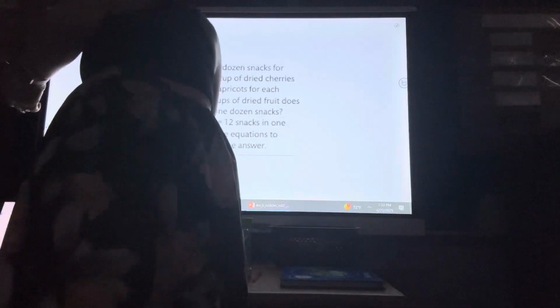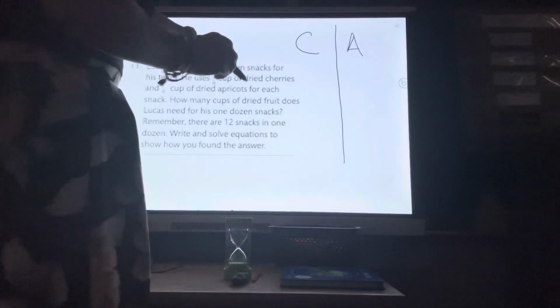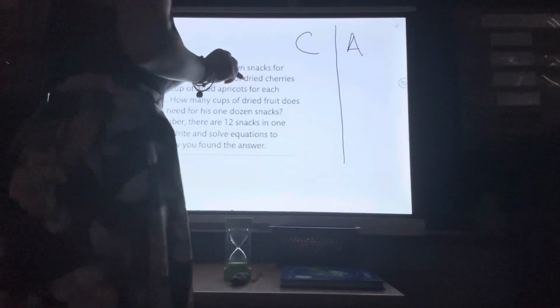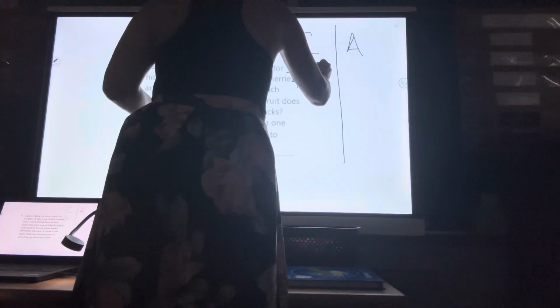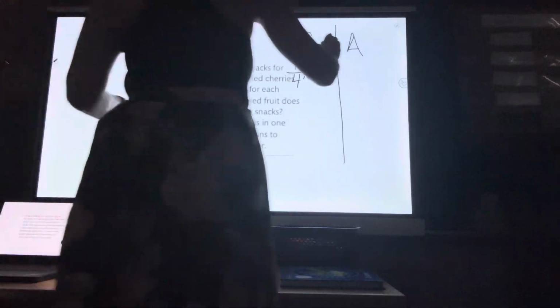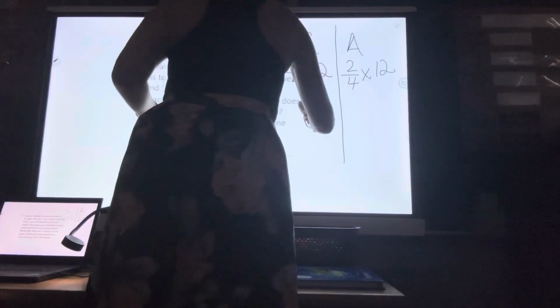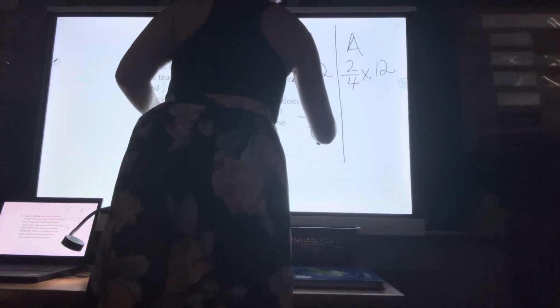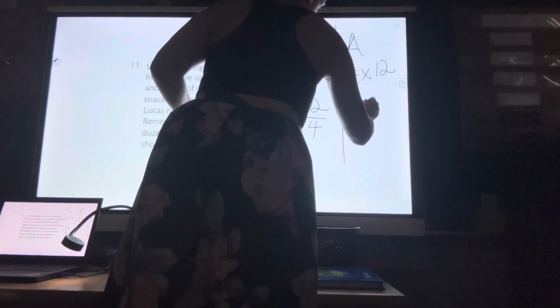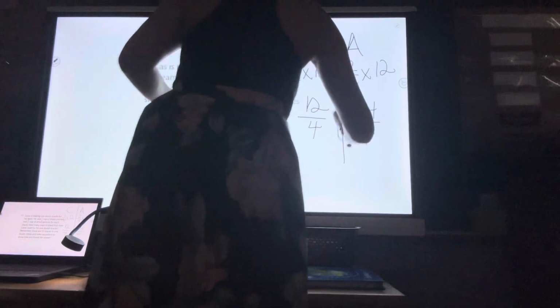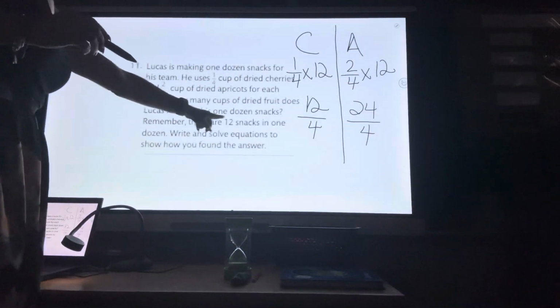So, we're talking about cherries and we're talking about apricots. 1/4 cup of cherries times 12, because he's making 12 snacks. 2/4 cup of apricots times 12. 12/4, 24/4. Okay? Now, write and solve equations.